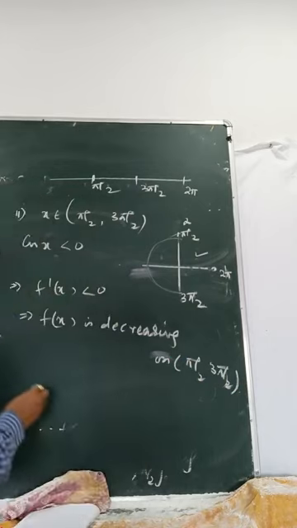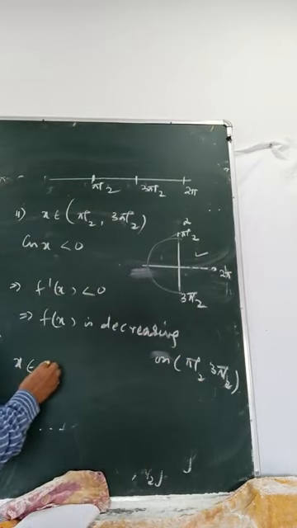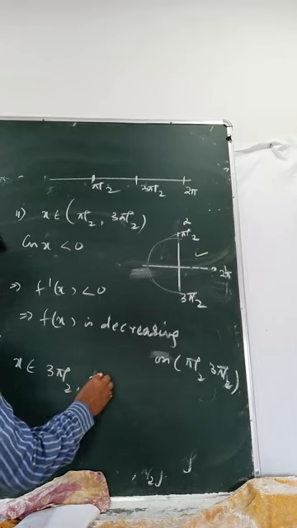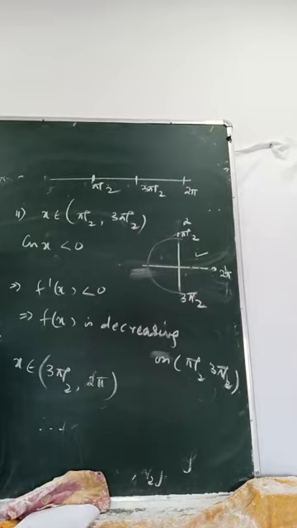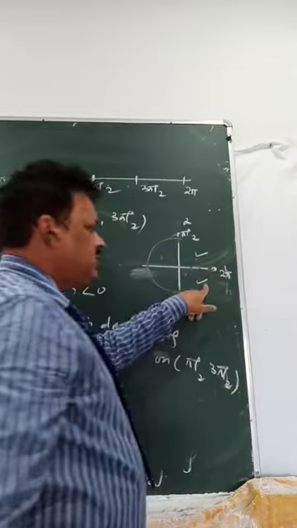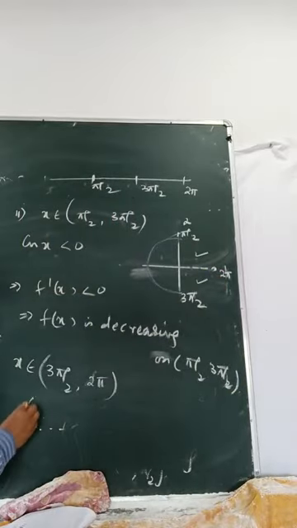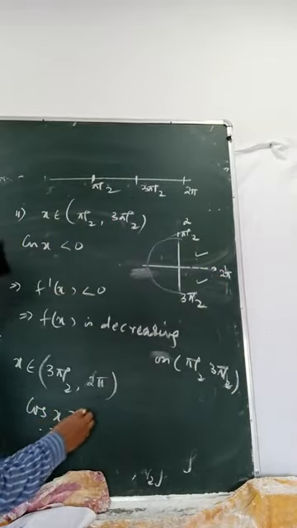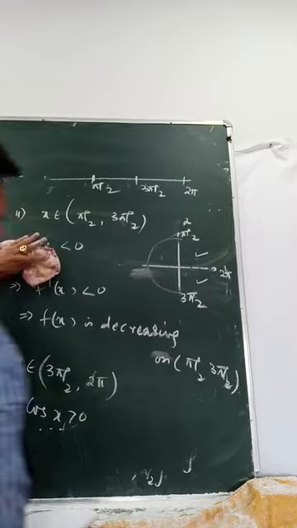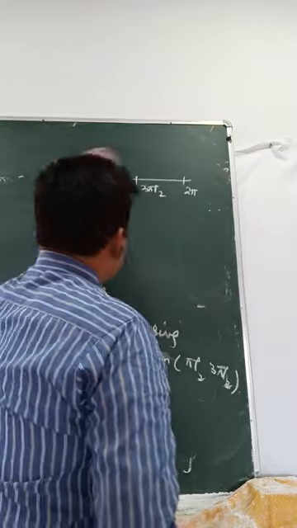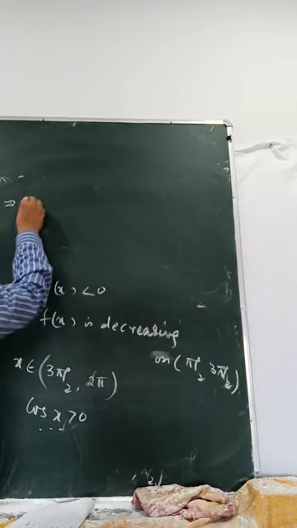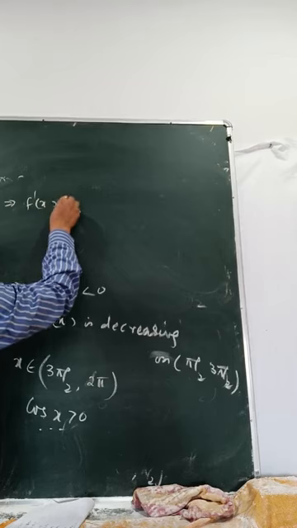Then comes x belongs to 3 pi by 2 to 2 pi. 3 pi by 2 to 2 pi means fourth quadrant, cos is positive. So cos x is greater than 0. Other two will remain positive. So this implies f dash x is greater than 0.